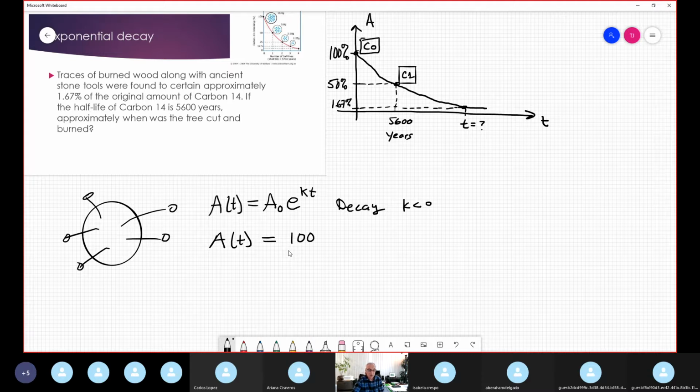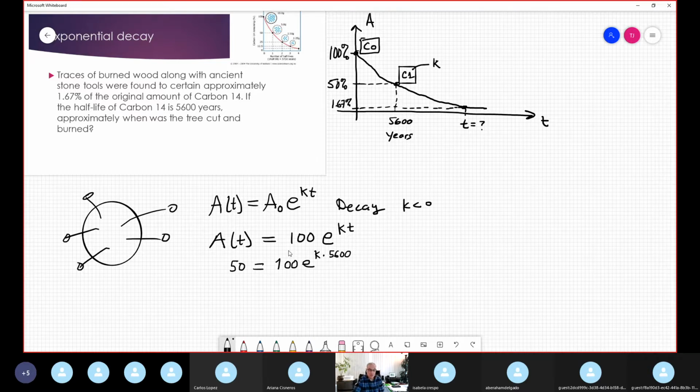Well, let's do it. At that moment, condition 1, at 5,600 years, we have 50%. So 100 times exponential k times the time, which is 5,600 years. The only unknown in that problem is k.